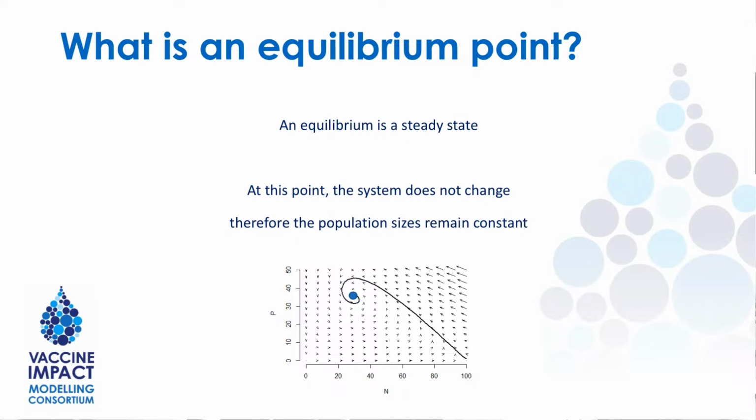The question is, what is this telling us at a particular equilibrium point? So the phase diagram, you can see lots of little arrows, we'll come back to that. But here we've got one trajectory. This is how our model might play out if we start at this point. We get a trajectory in terms of the population size of both. This is how they might change over time. If we started at another place on this graph, we might get a different trajectory.